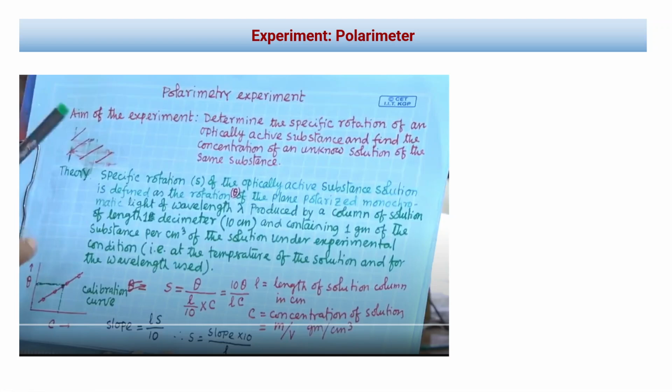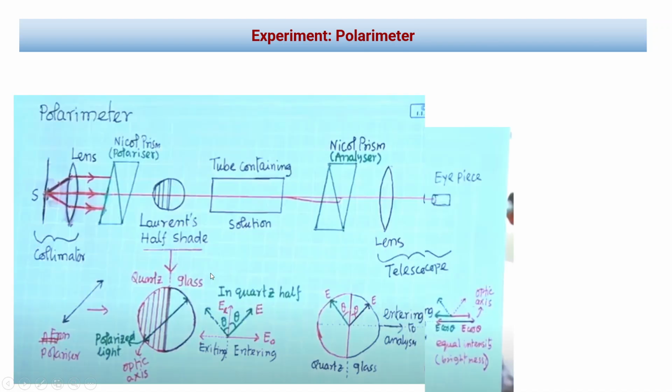When polarized light passes through this defined dimension of material, we take its rotation. With these values we get the specific rotation of that material in solution.